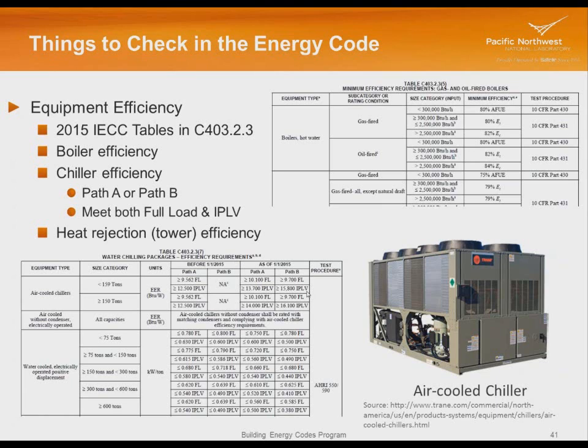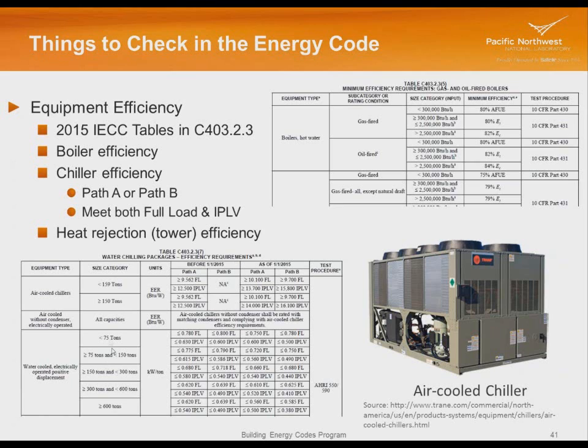Boy, I can't remember what the V stands for, but it's part load efficiency basically. And when we have, again, multiple requirements, both requirements have to be met. We have to be higher on the full load and higher on the IPLV requirement. And both those have to be met, and you can see we're dealing with different sizes here, so depending upon your size, you've got a pair of requirements to meet.